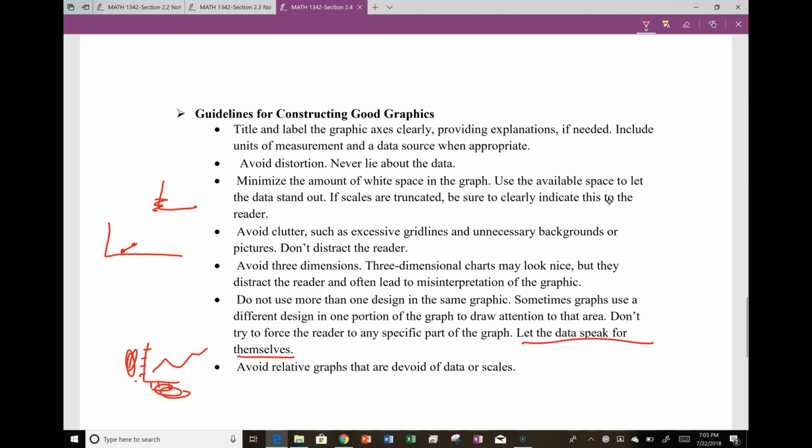So these are just some tips on how to construct good graphics. So read over those and see what might be misleading. Go to the newspaper or a website and see, do you see anything that could be misleading there? And then let me know if you have any questions.